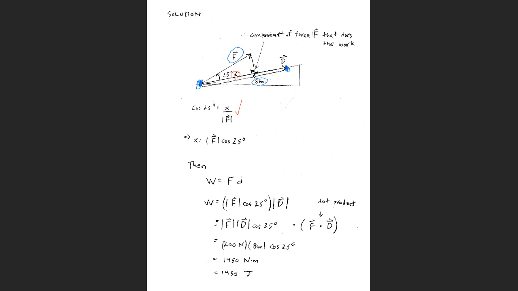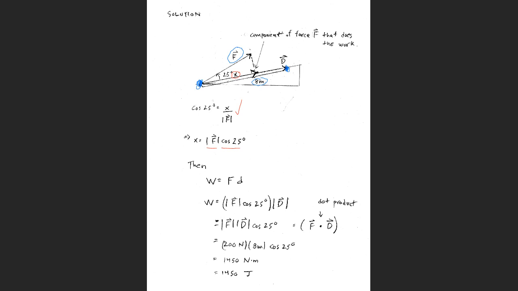And so x is equal to the magnitude of the force times the cosine of 25 degrees. That's the component of the force that does the work in moving the crate up the ramp. Are there any questions on that? It's the push or pull going in the direction of the ramp that's moving that crate.